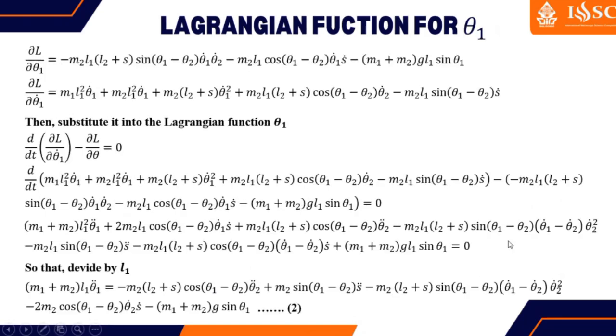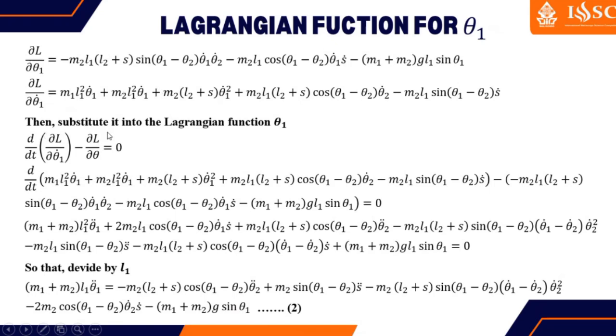Second, applying the Lagrangian function to angle theta 1. Differentiate with respect to theta 1 to obtain one equation, and differentiate with respect to theta 1 dot for the next.